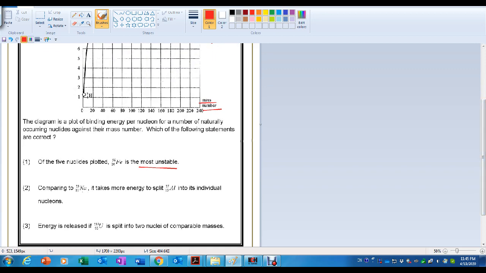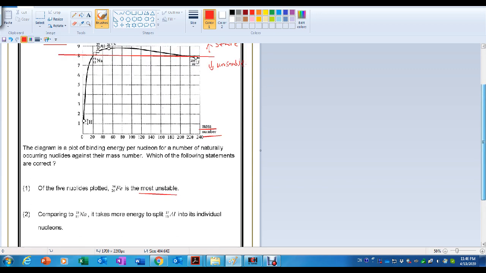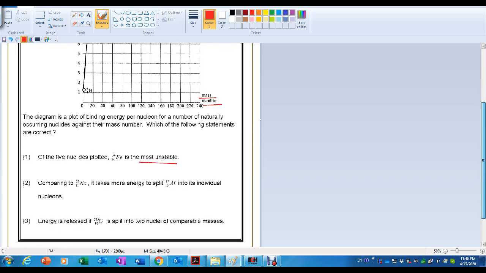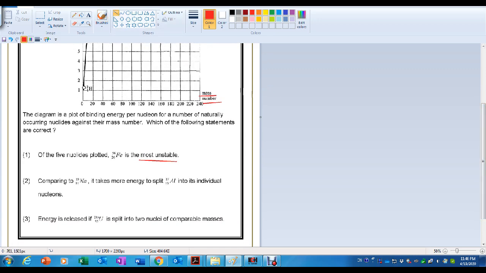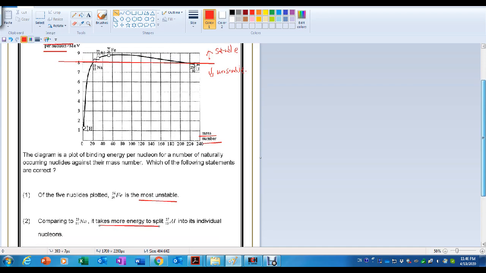Comparing sodium 23, it takes more energy to split aluminium into individual nucleons. For this question, we don't need to look at that graph, because that graph is binding energy per nucleon.